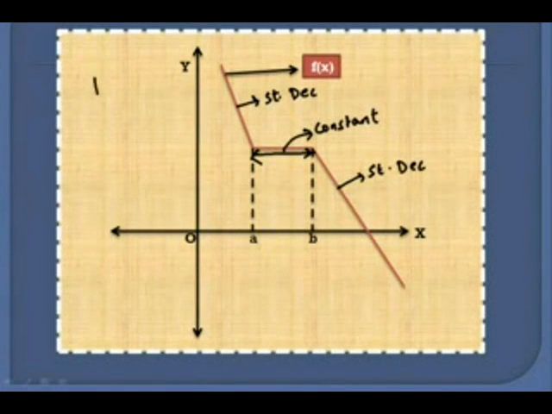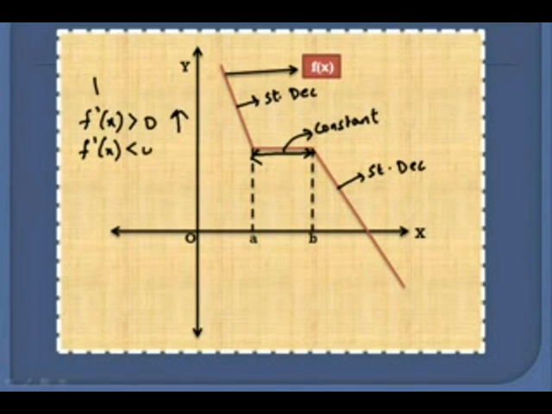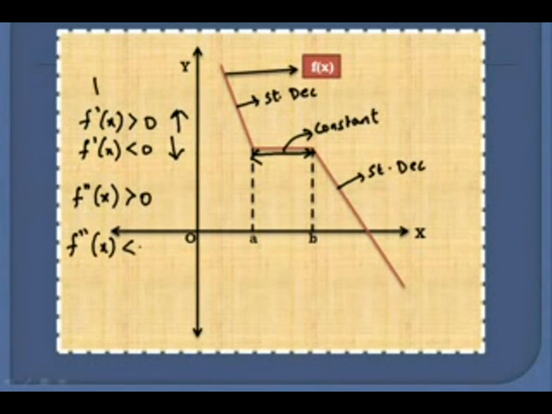So we can say that for an increasing function, f dash x should be greater than 0, and f dash x should be less than 0 for decreasing functions. And similarly, if a graph has to be concave upwards, then f double dash x should be greater than 0, and for f of x to be concave downwards, f double dash x should be less than 0.